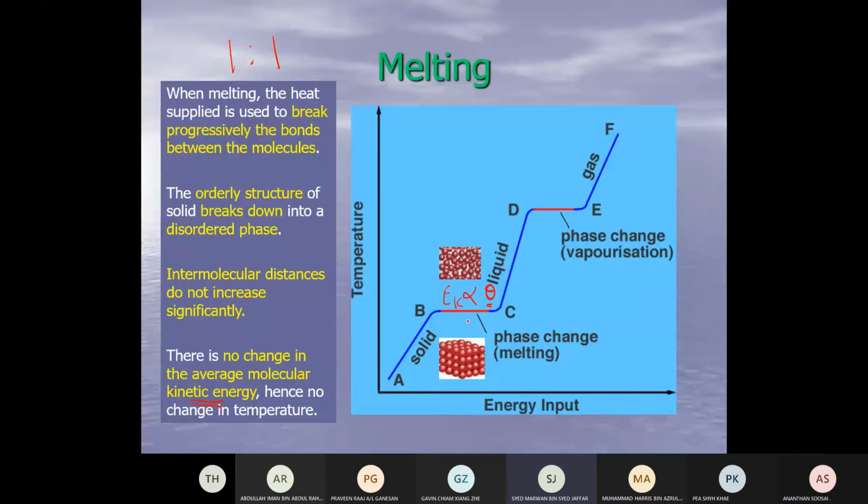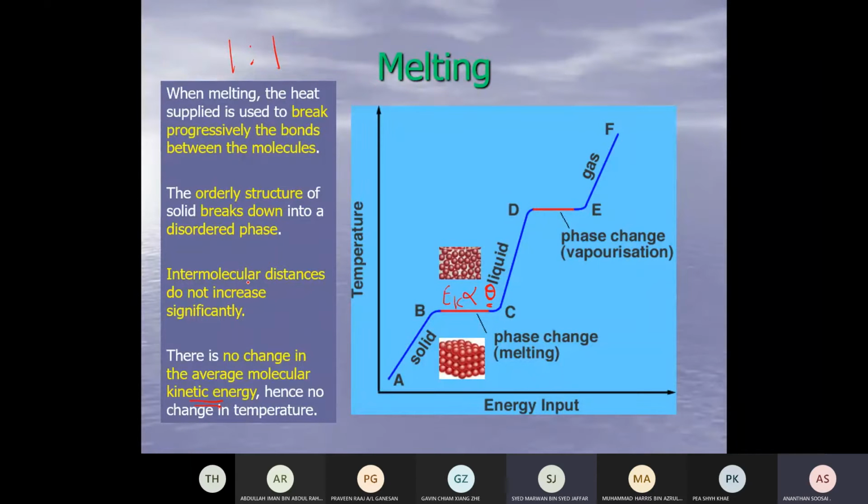So we say intermolecular force or the bonds; both are accepted. Break progressively the bonds between the molecules. You can also say to do work to overcome the intermolecular force.